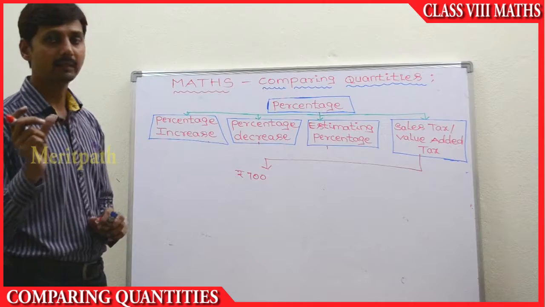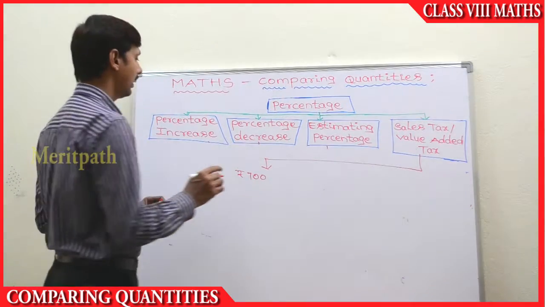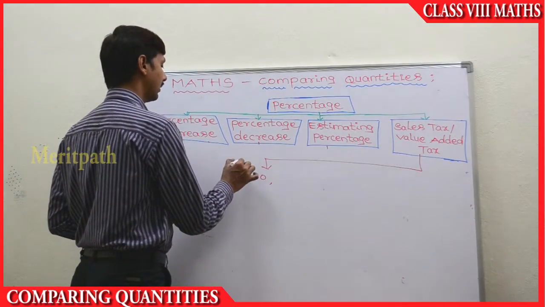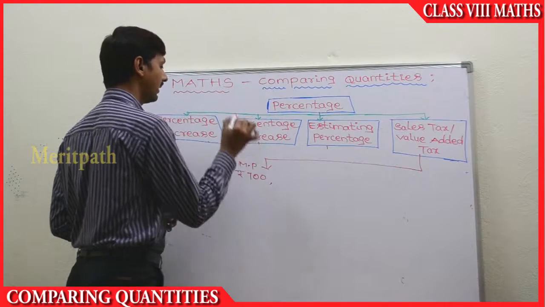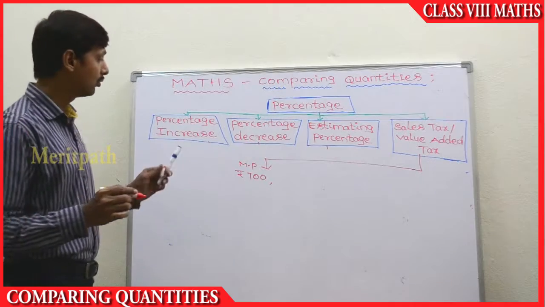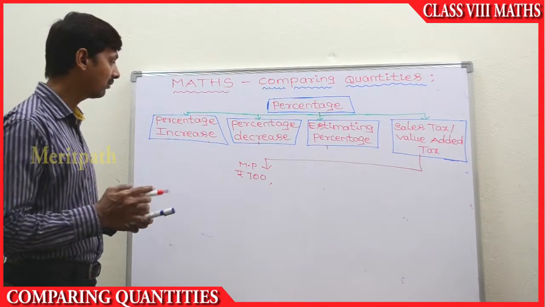The cost of an item is 700 rupees and this is the mark price. Mark price is known as MP in short form.